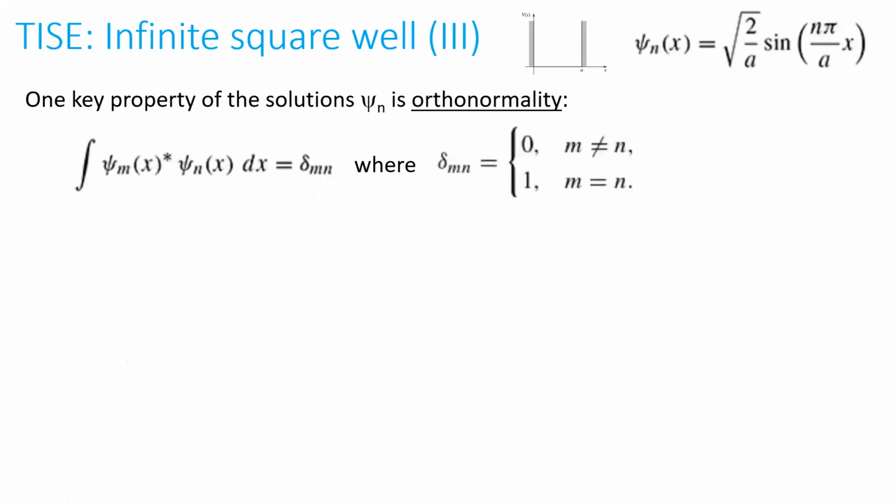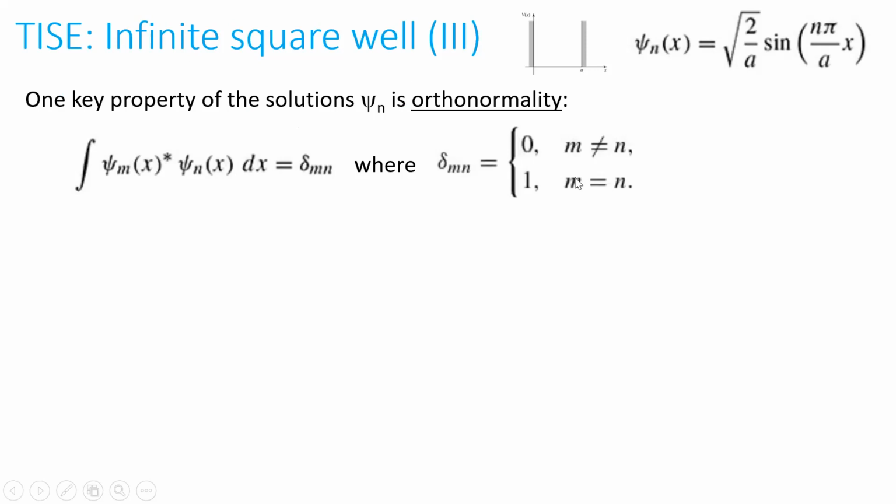Okay, so a couple key properties of these solutions, which are pretty general. They're not restricted to the infinite square well, but it's a nice system to look at them. So one of the key properties is called orthonormality, which means if we take the integral of one of the separable solutions times another of the separable solutions, indexed by m and n, we get either 0 or 1.